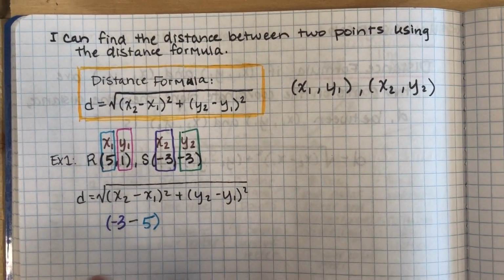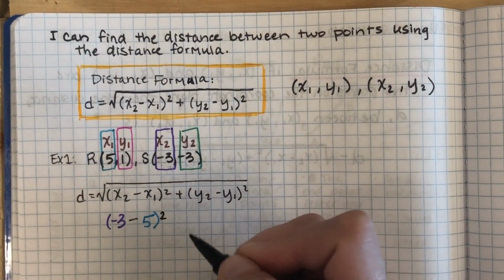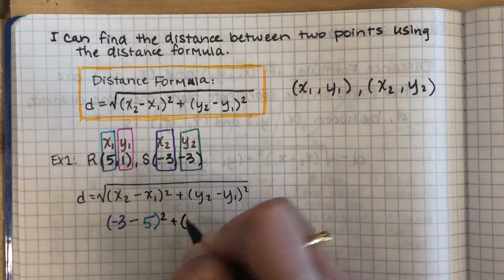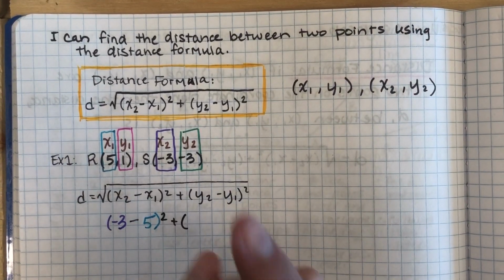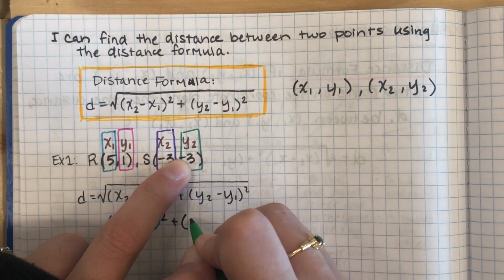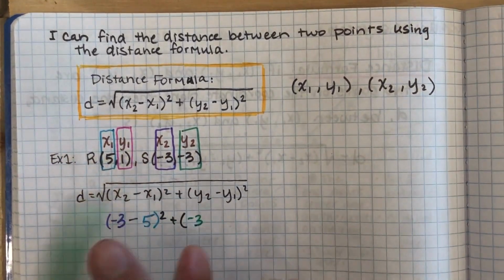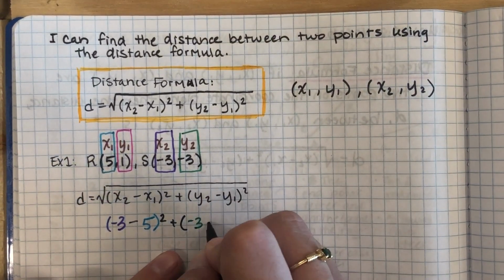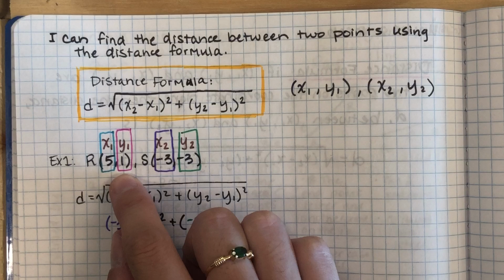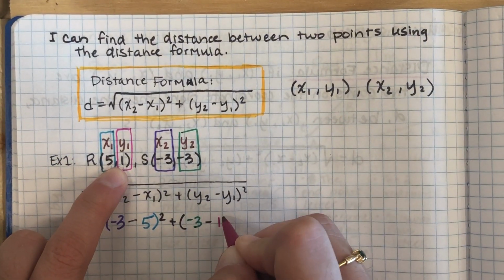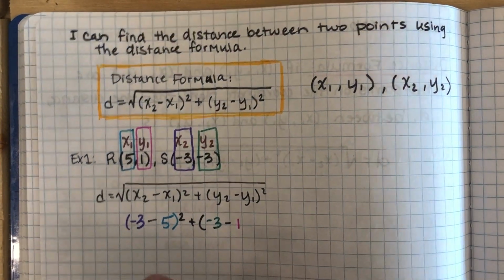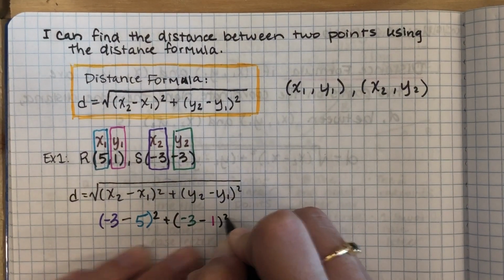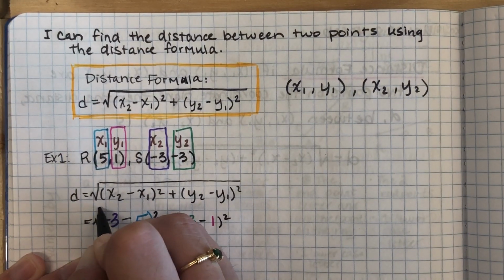And that quantity is going to be squared. Then we have our y sub 2, -3, minus our y sub 1, which is 1. Okay, so now we have substituted.